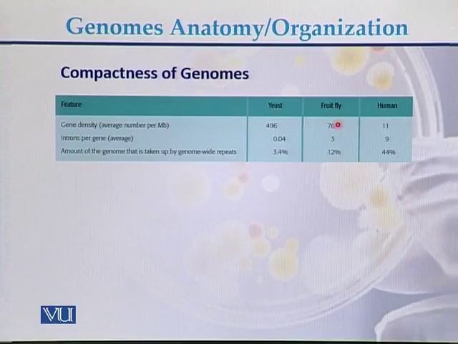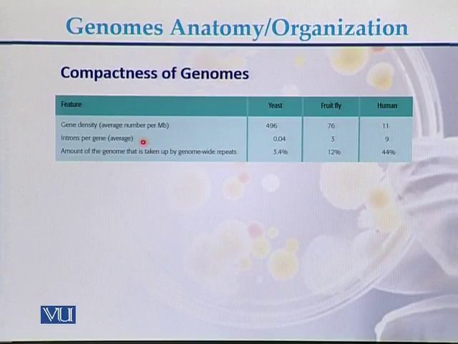In case of fruit fly, the gene density is 76. And in case of humans, the gene density is 11. This means in 1 MB of the genome of yeast, there are 496 genes. In case of fruit fly, there are 76 genes. And in case of humans, there are 11 genes.